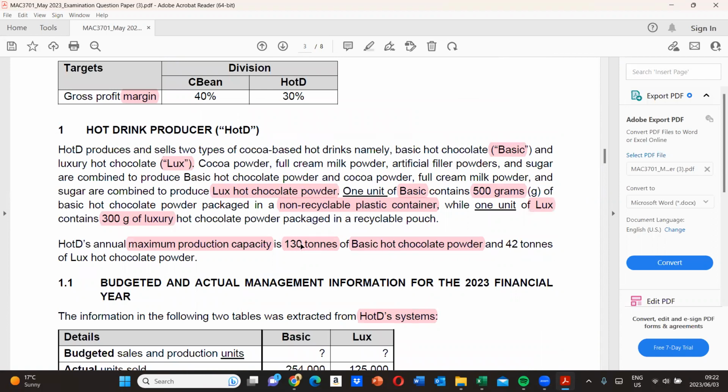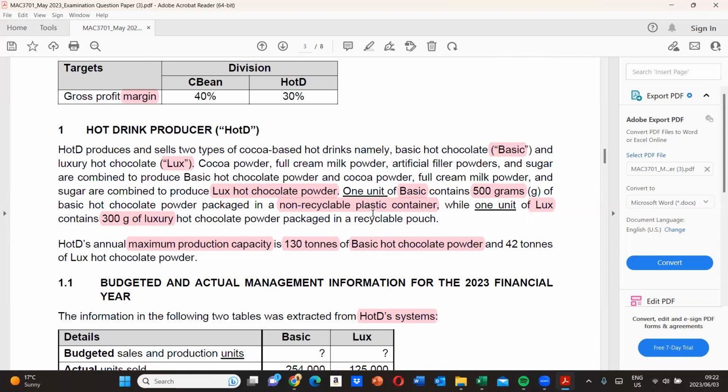So we're going to have 130,000 tons as the number of units the company has produced. This is what the company is actually producing. And 1 unit of basic contains 500 grams of basic.